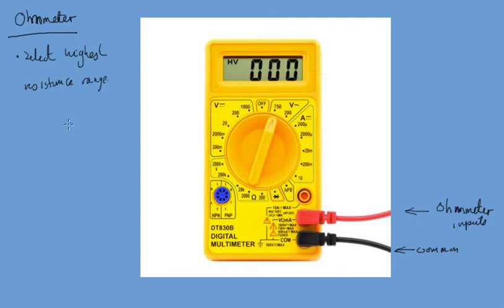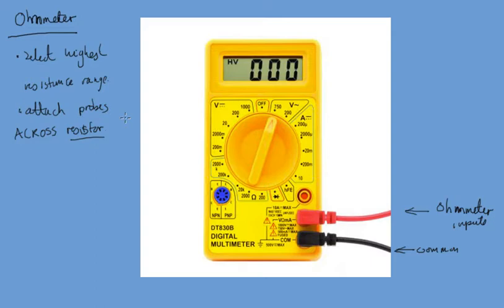Just go to the appropriate range, and then attach probes again across, same as we did with the voltage, across the resistor.